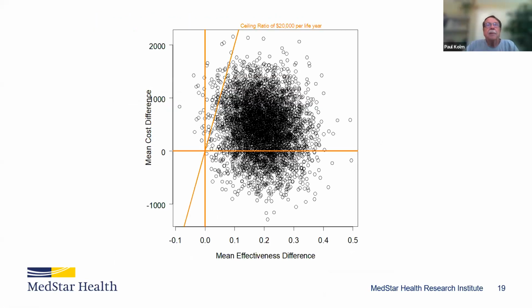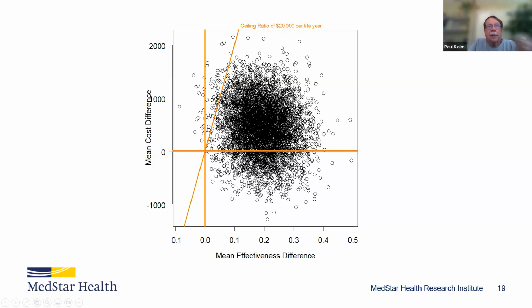And so this is an example of a graph of how we plot, how we show the cost effectiveness plane with our bootstrap replicates. And so we have the horizontal and vertical axis here to find out what quadrant we're in. And so our example here is that most of our bootstrap replicates fall in quadrant 1, the cost effectiveness quadrant.